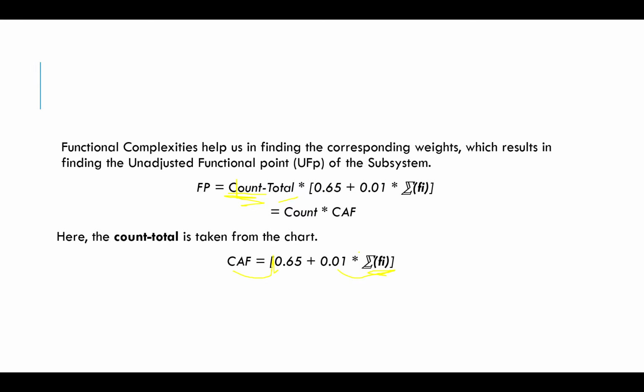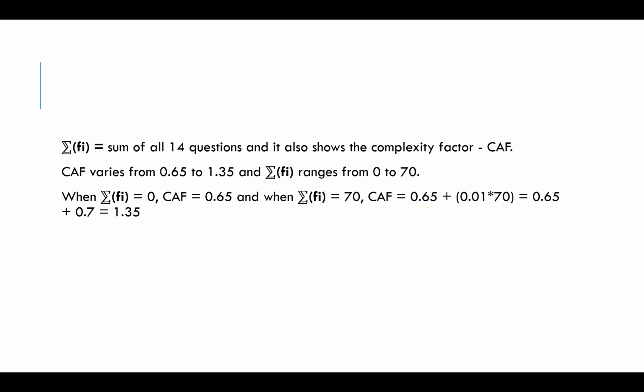On the other hand, if each factor has the highest rating, 5, then 5 into 14 becomes 70. When we put the value in 0.65 plus 0.01 into 70, the value becomes 1.35. So if a question asks for the range of the CAF, you can just write 0.65 to 1.35.